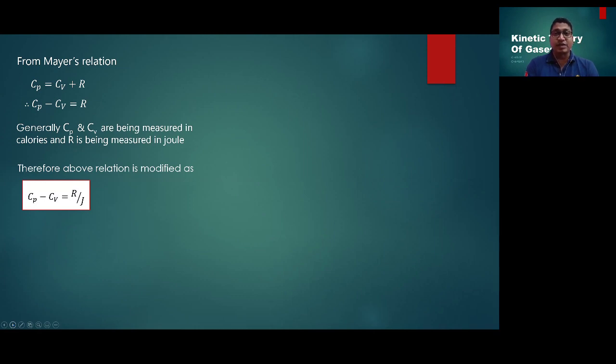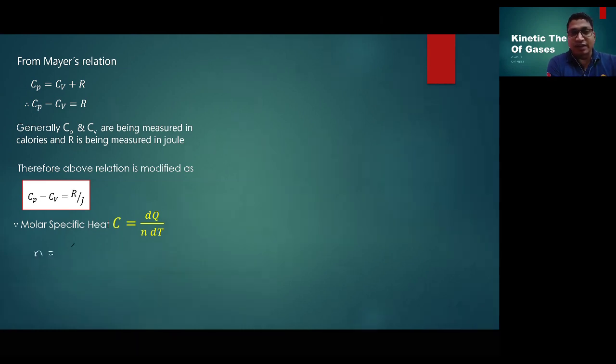Now it can be expressed as a relation with the principal specific heat, which depends upon the mass. We know the formula for molar specific heat is C equals dq upon n dt, right? Now what is n? In terms of mass, n equals the mass of the gas divided by the molecular weight.